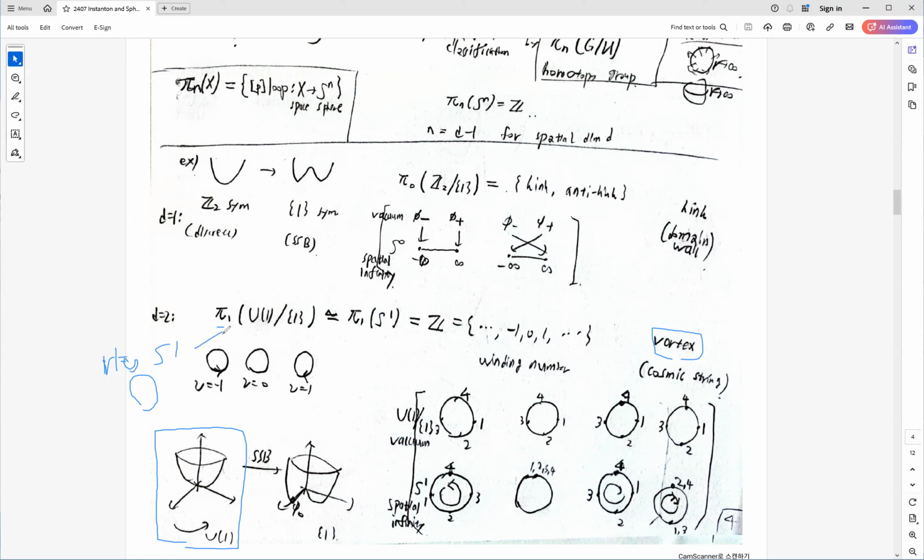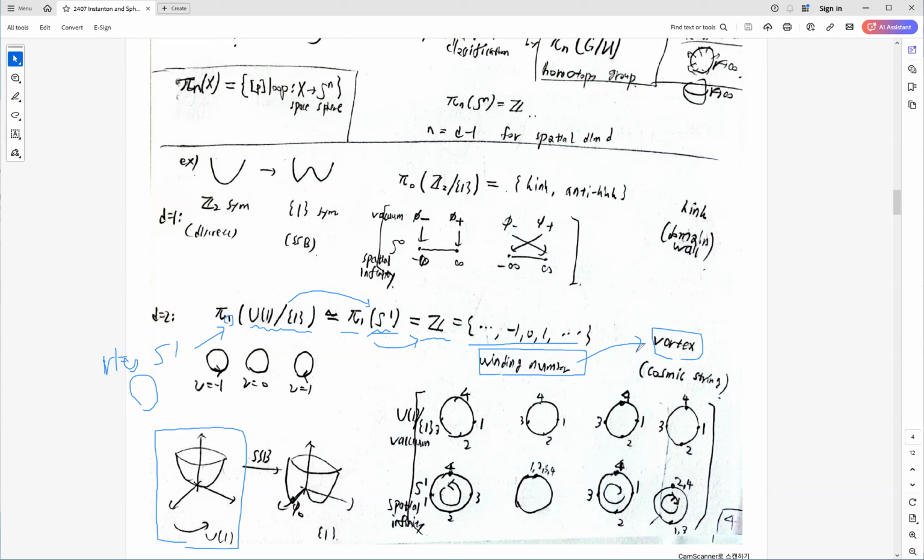So this is represented by the index 1, and the vacuum manifold U1 over 1 is isomorphic to S1. So the pi one of S1 is actually the group of integers Z. So winding numbers such as minus 1, 0, 1, 2, 3, 4 are assigned, and these winding numbers classify the vortex topologically.